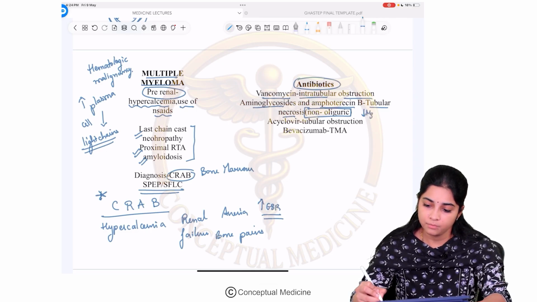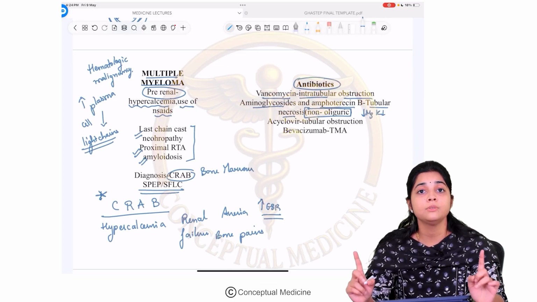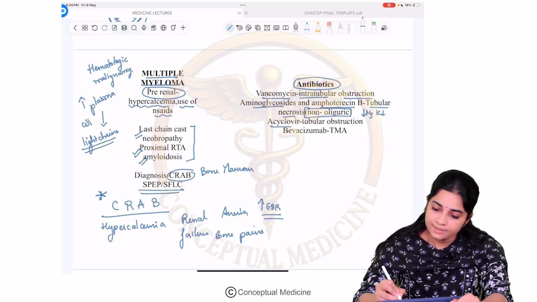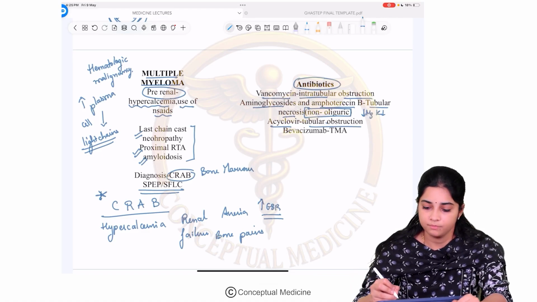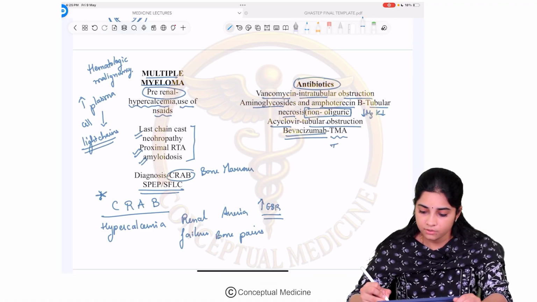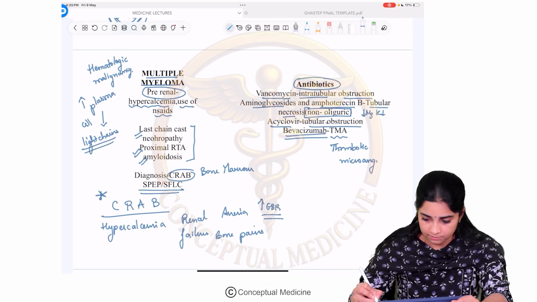So magnesium, potassium, all of these are affected with this group of drugs, and they continue to remain non-oliguric. So this results in a non-oliguric AKI. Acyclovir causes tubular obstruction. Then bevacizumab is an anti-cancer drug which causes thrombotic microangiopathy.